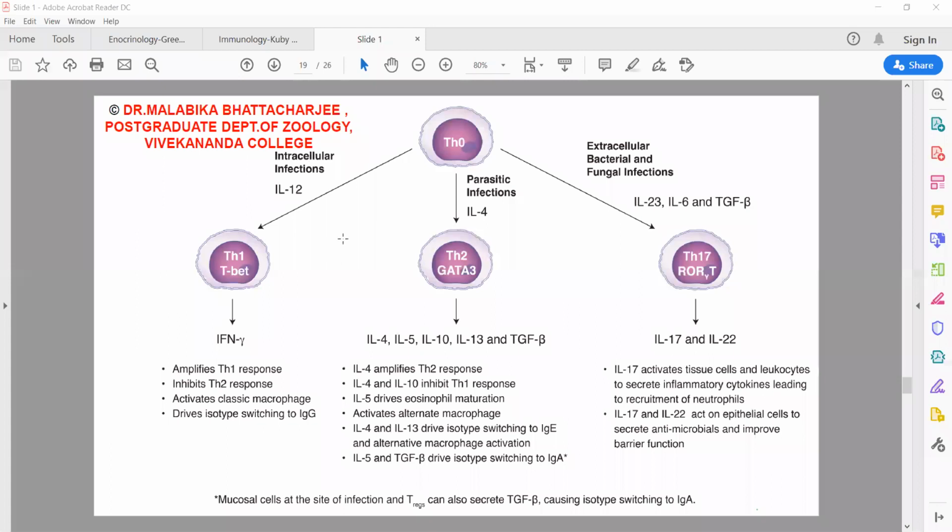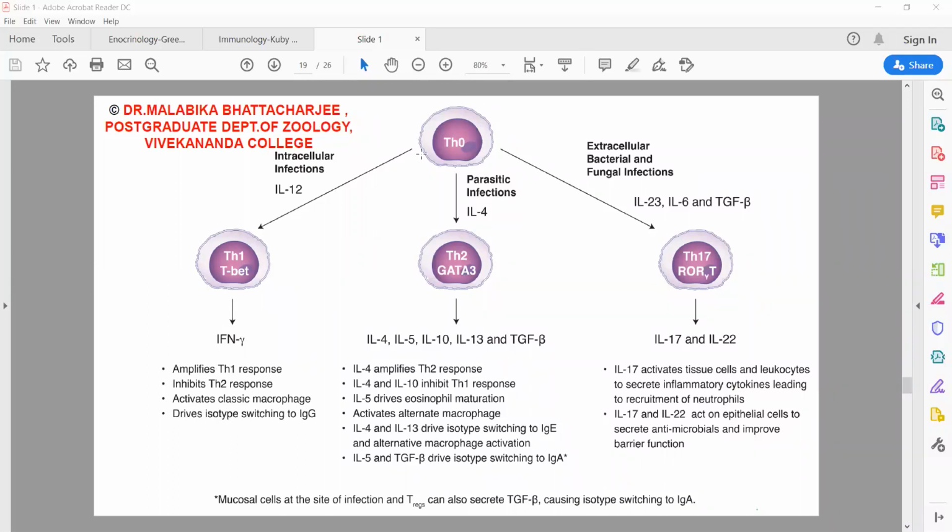Some subset that is being activated by macrophages produces this kind of cytokine, a very specific function. It moves on, as you can see, it activates further macrophages. It helps in antibody switching in case of B lymphocytes. Not only this, it also activates the T cytotoxic cell.